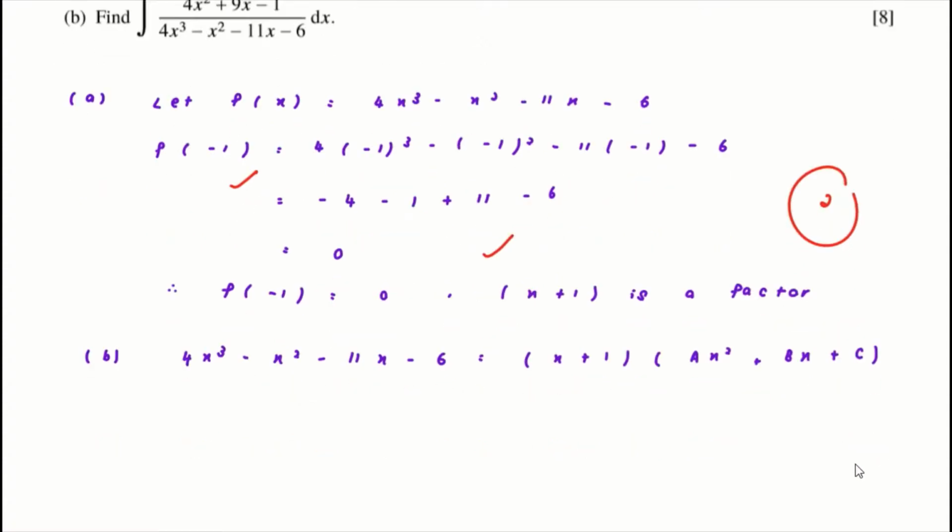So let's try to solve this. For x cubed, we have 4 equals a. So you can get the first one already.